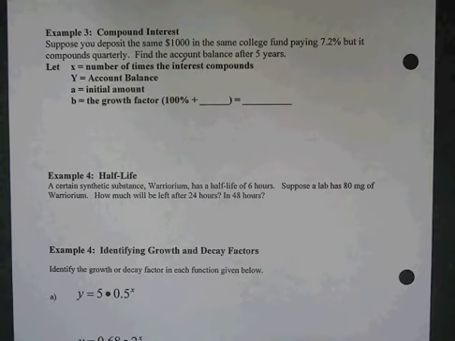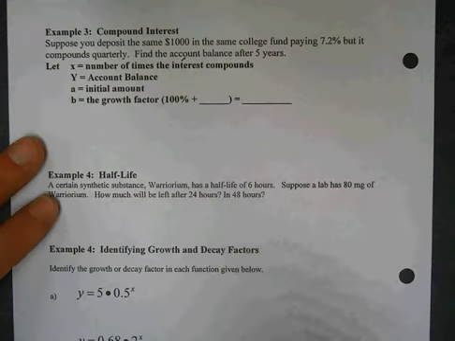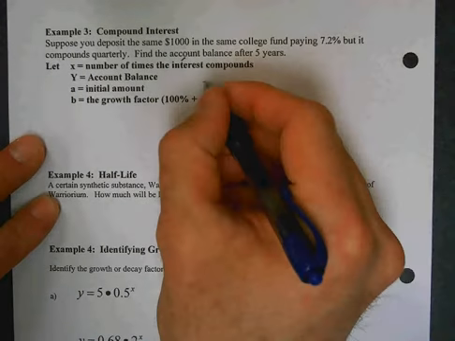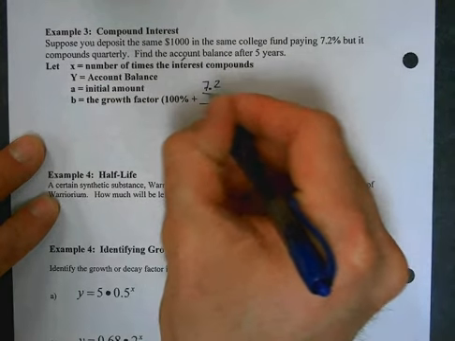Once. But this is compounding quarterly. So that compounds your interest how many times per year? 4 times per year. Does it give you 7.2% each quarter? It splits it up into fourths. So we have to figure, what's 7.2 divided by 4?